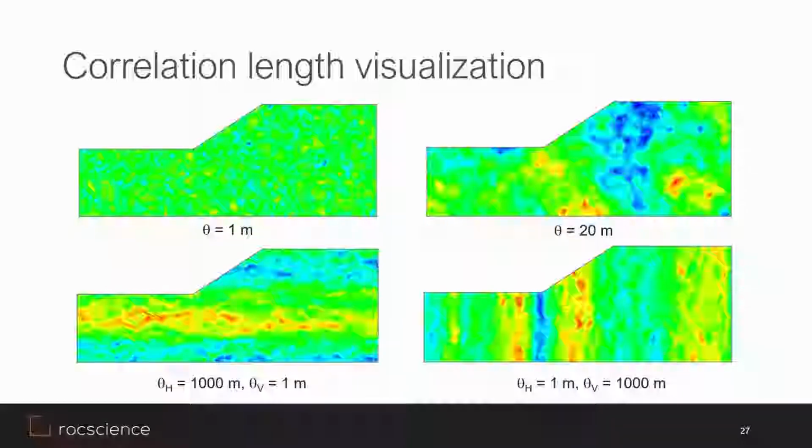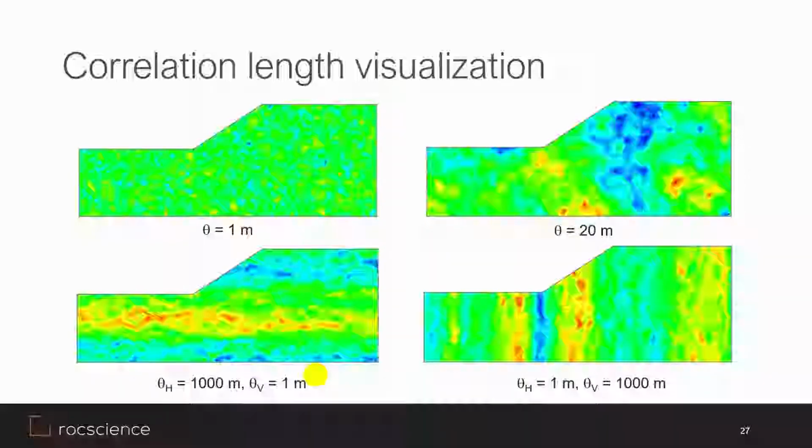Let's see what happens when we have isotropic and anisotropic spatial correlation lengths. The top figures are isotropic cases that we showed before with a small and large spatial correlation length. The left bottom figure is for the case where the vertical spatial correlation length is much smaller than the horizontal spatial correlation length. For example, for reinforced retaining wall cases where we compact soil in small vertical layers.